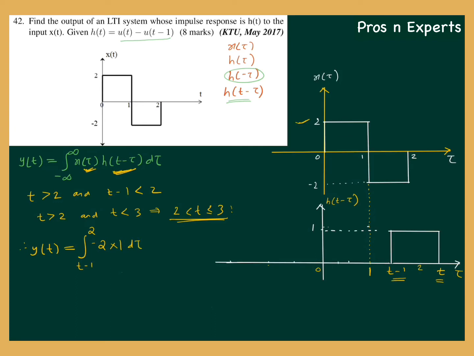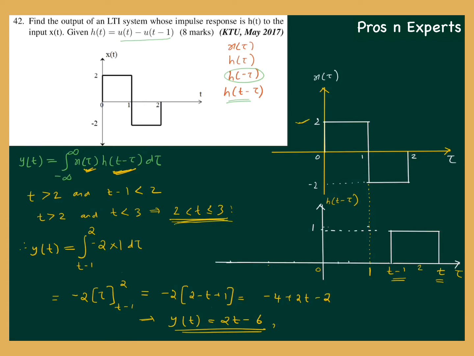And what you will end up with is minus 2 into tau within t minus 1 to 2, which is equal to minus 2 into 2 minus t plus 1, which is equal to minus 4 plus 2t minus 2. So this implies y of t is equal to 2t minus 6.